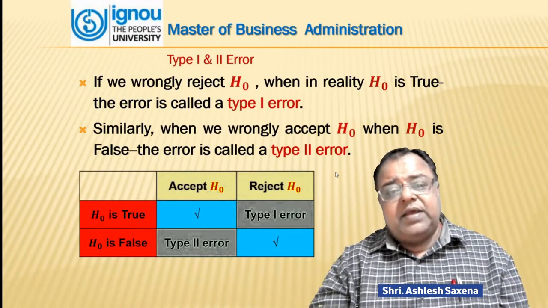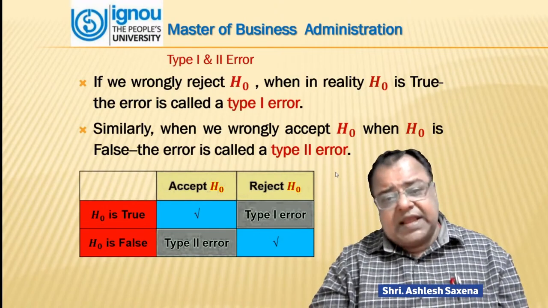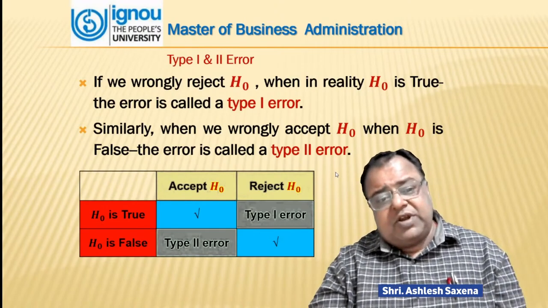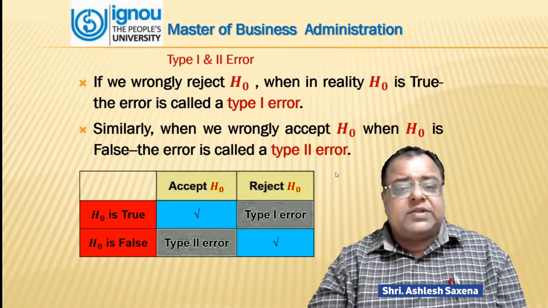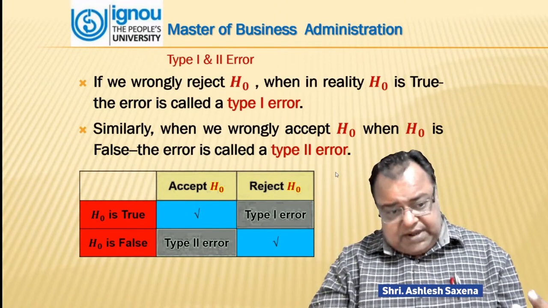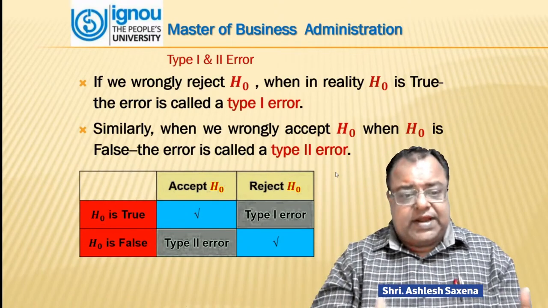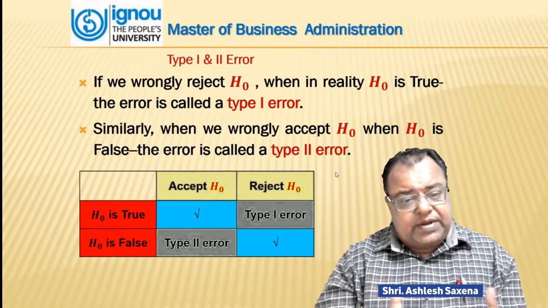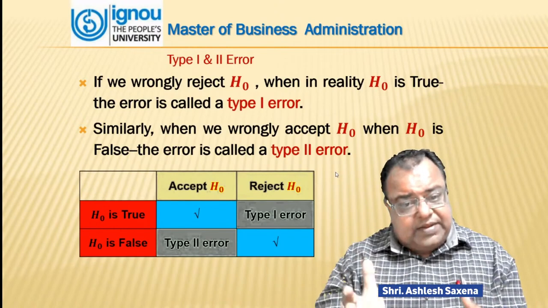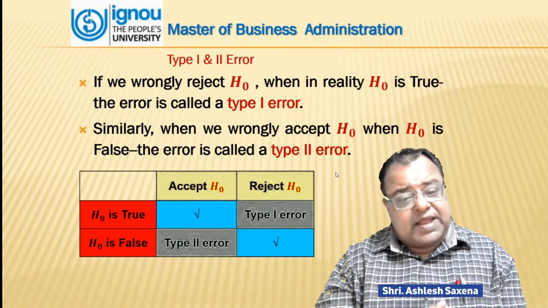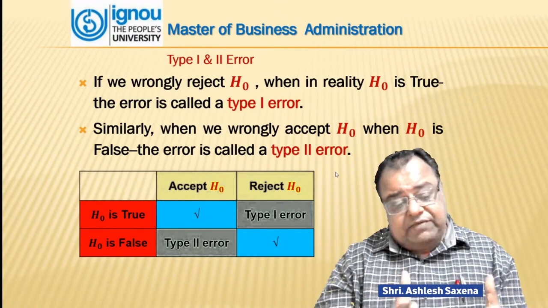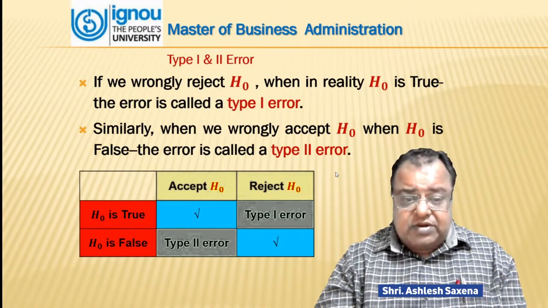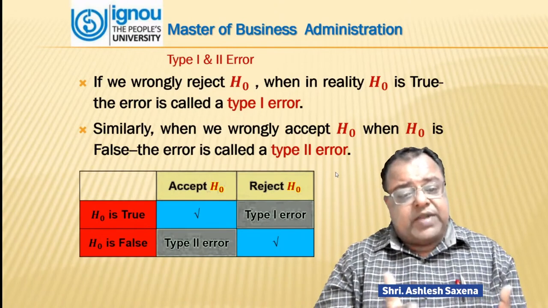Similarly, when we wrongly accept H0 when H0 is false, the error is called type 2 error. So in the diagram here, we can see that if H0 is true and we accept H0, that is correct. If we reject H0 when it is true, that is type 1 error. And if H0 is false and we are accepting H0, that means it is type 2 error.